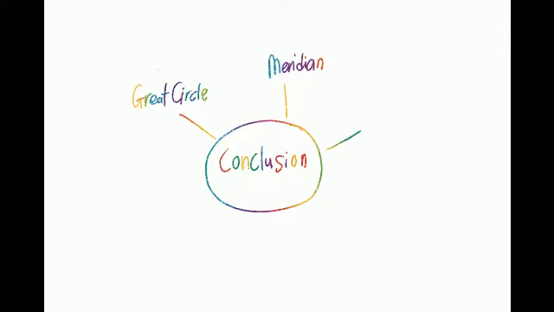The third one is longitude. Longitude will look like a bird cage, or else you can remember this: W stands for west, E stands for east.